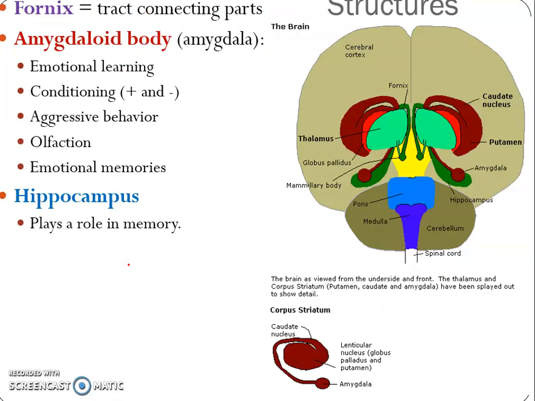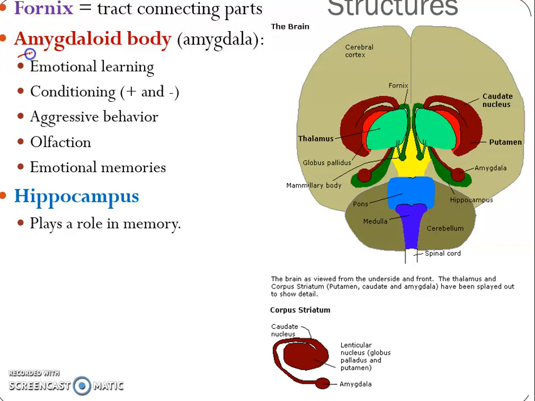Now, this is looking head-on to the brain. As I mentioned, there's a couple nuclei attaching. We have the fornix in the back, and we have the mammillary bodies in the hypothalamus. They connect to a series of structures.